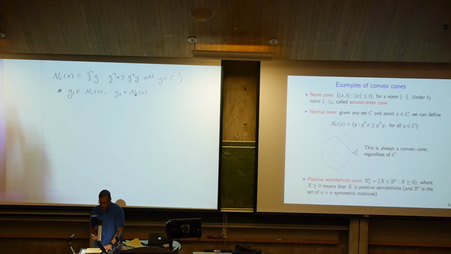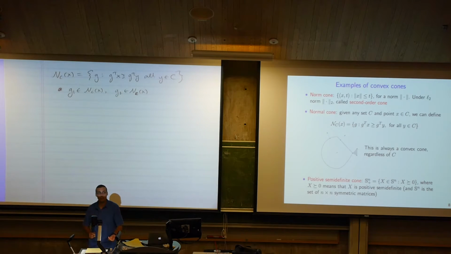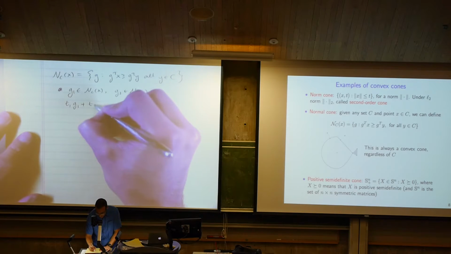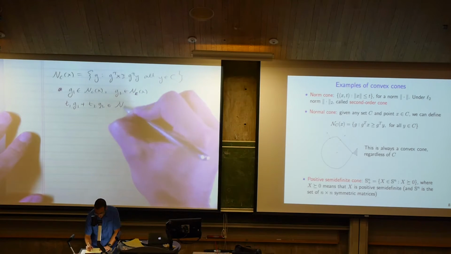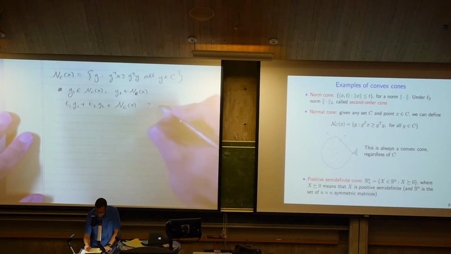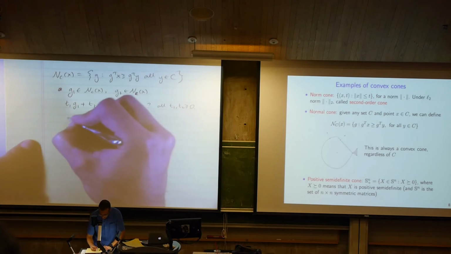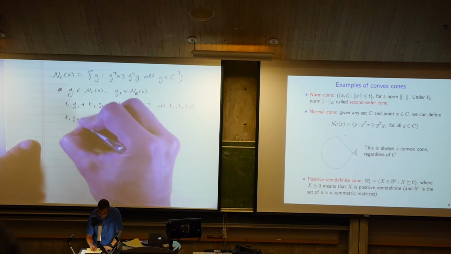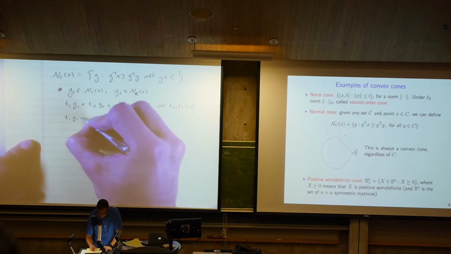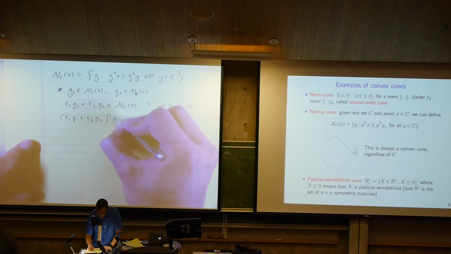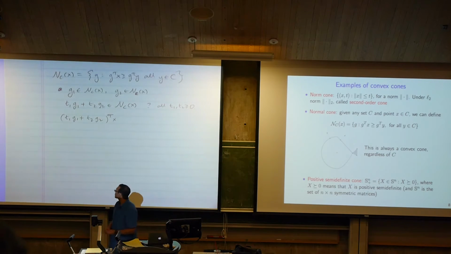Now it's up to us to check that all conic combinations of G1 and G2 are also in the normal cone. I want to check that T1 G1 plus T2 G2 is in the normal cone. That's quite easy to do, because I just take an arbitrary y and compare the inner product of this vector with x to the inner product of this vector with y.